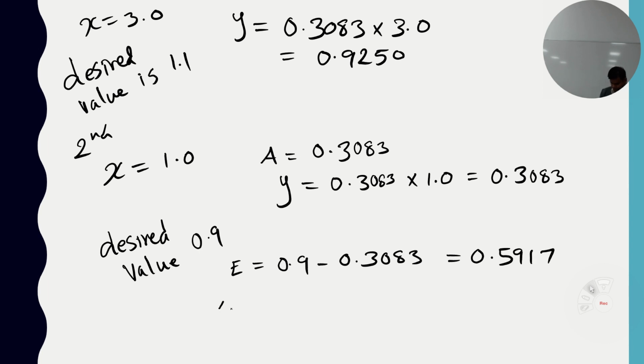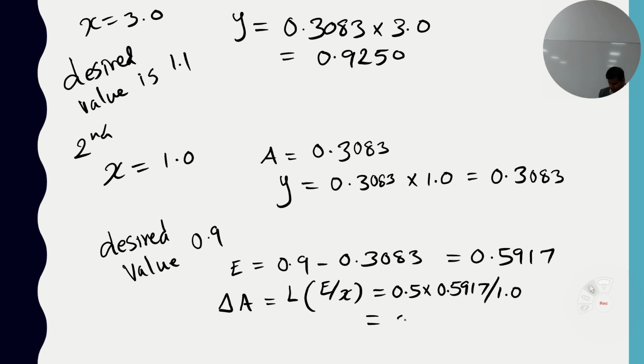So there again delta A equals L times E by X. That is 0.5 times 0.5917 by 1.0. So this will yield us 0.2958.